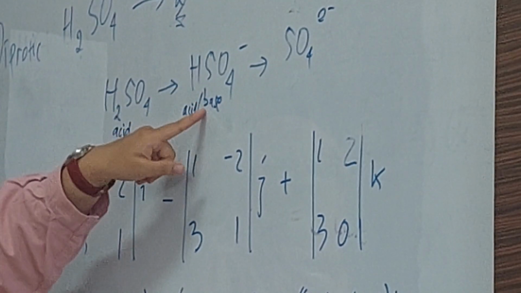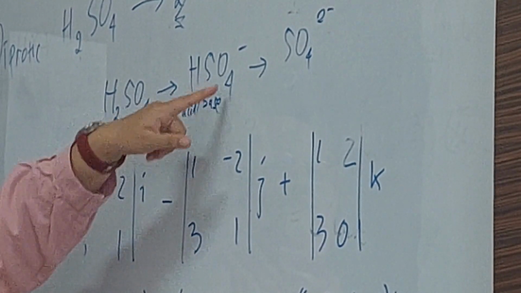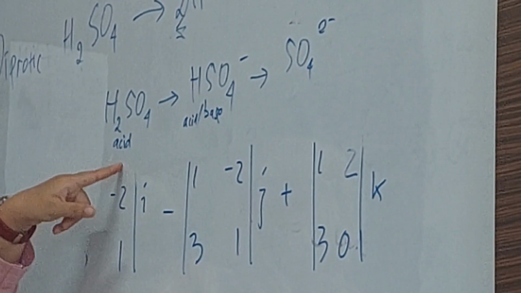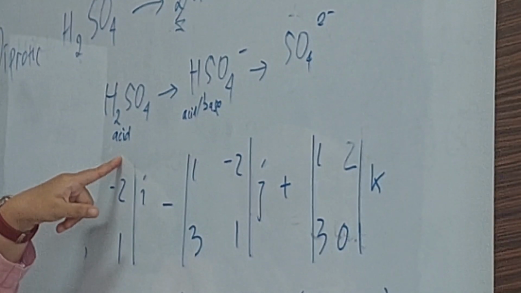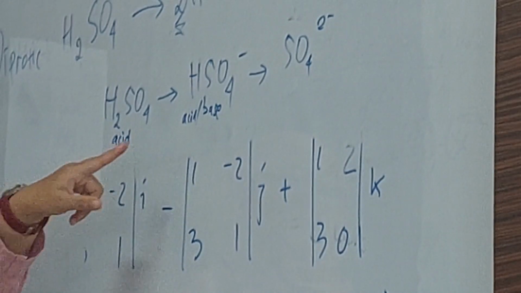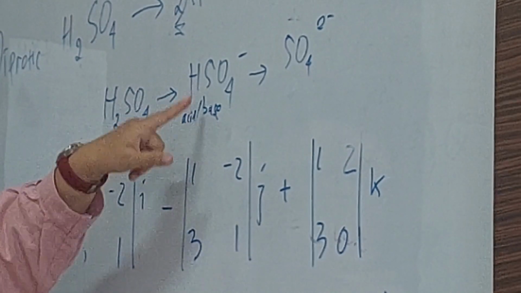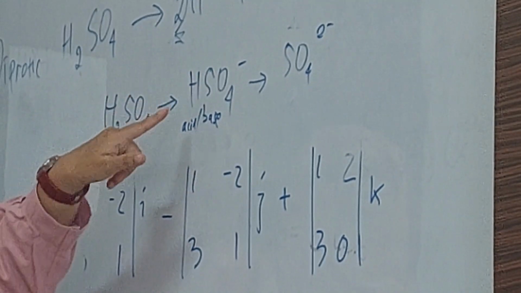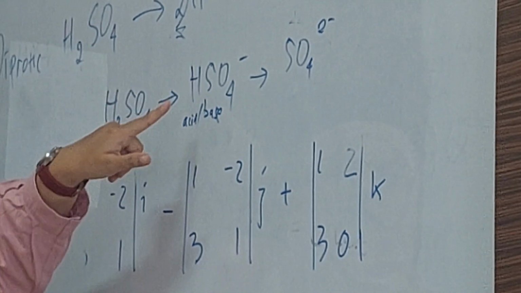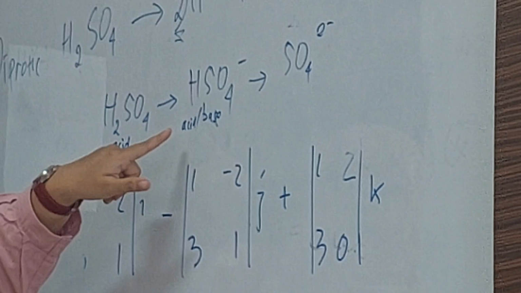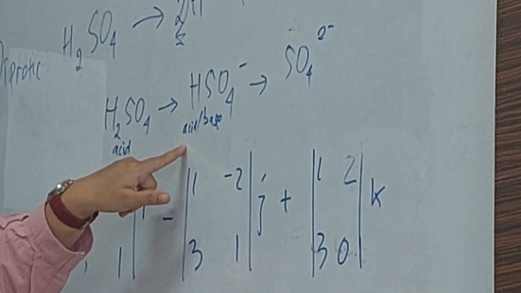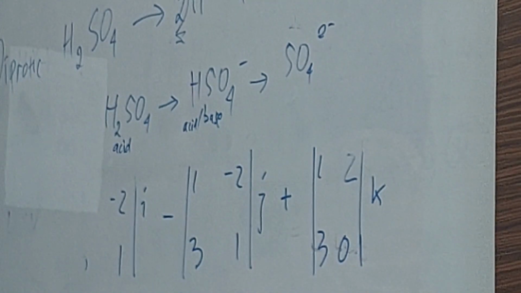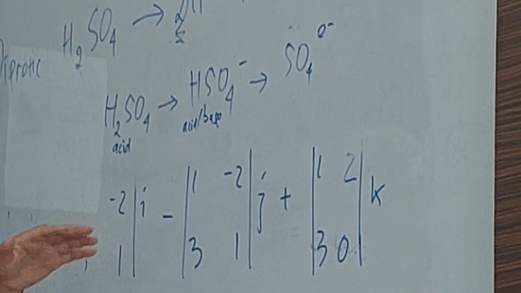The base HSO4 minus became H2SO4. And when HSO4 minus leaves the H, it became an acid, became a base, and then we accept or leave the H.